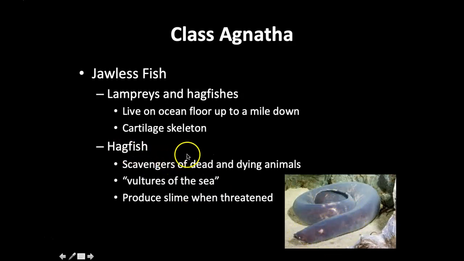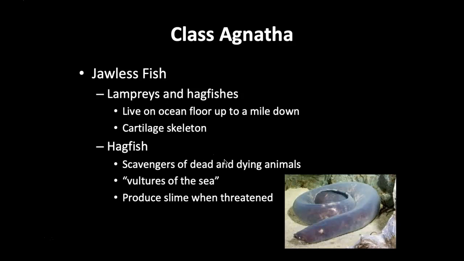Hagfish are going to be the scavengers of the sea. It's almost like the vultures of the sea is what their nickname is. And so when other fish, other animals die, their bodies drop to the bottom of the ocean, you'll usually see a lot of hagfish eating whatever is left over when it drops to the bottom.